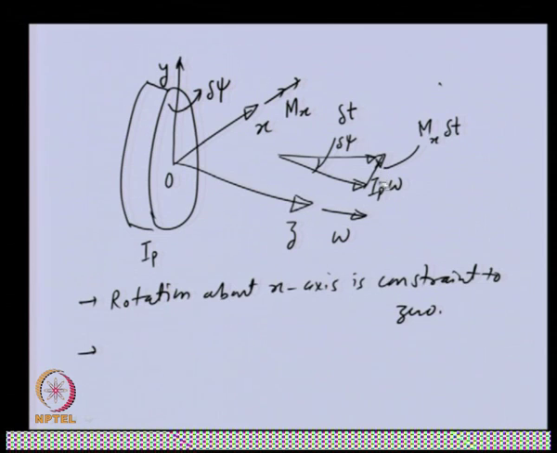So from this figure we can relate the change in angular momentum due to the moment, and from this vector we can see that this particular change is nothing but I p omega, and that small angle which the disc got tilted because of this particular moment.